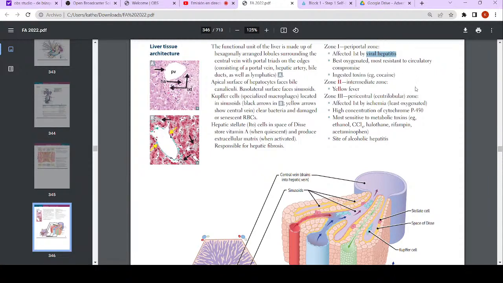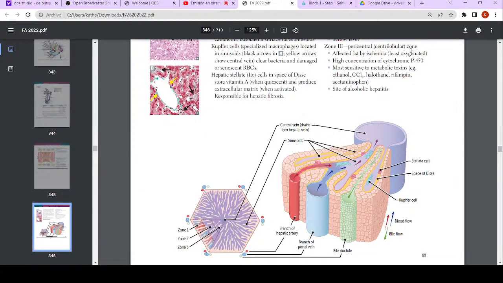It could be another question. It's the most oxygenated zone, and also affected by ingested toxins like cocaine. So if they ask what zone cocaine damages, you can answer zone 1, the periportal zone. Zone 2 is affected by yellow fever, right? And zone 3, that's the question. And here it says high concentration of CYP450.